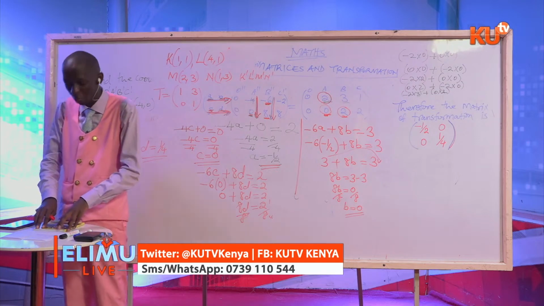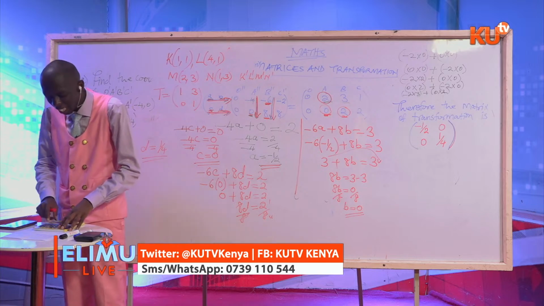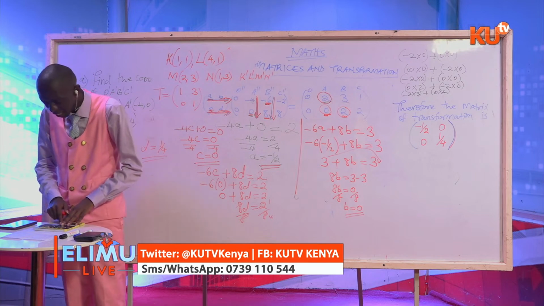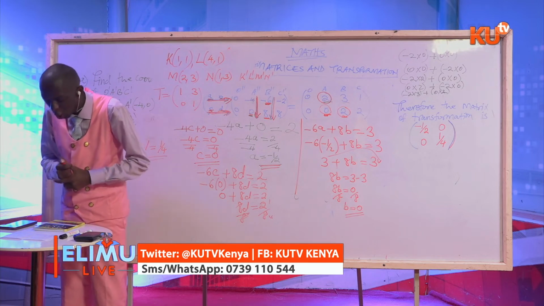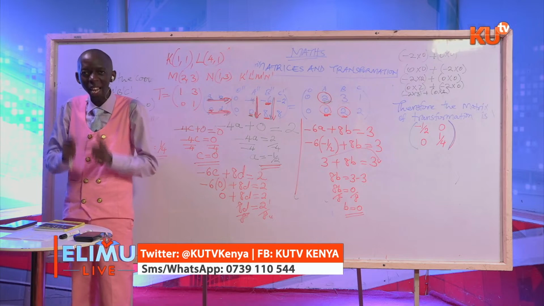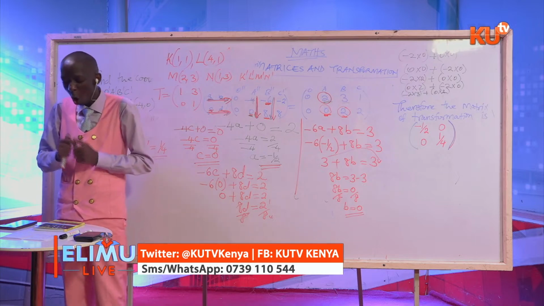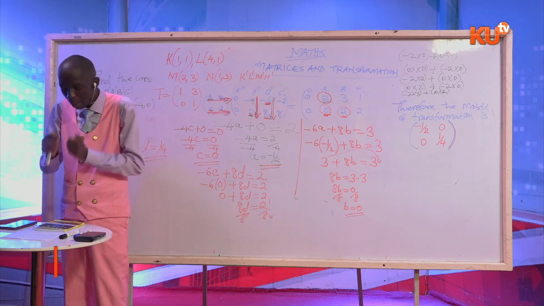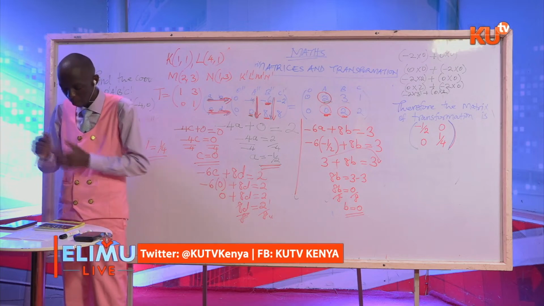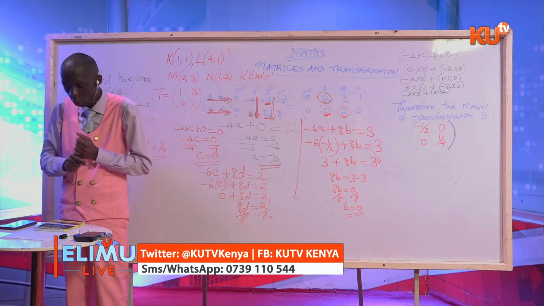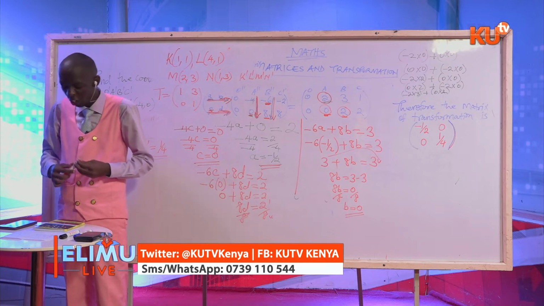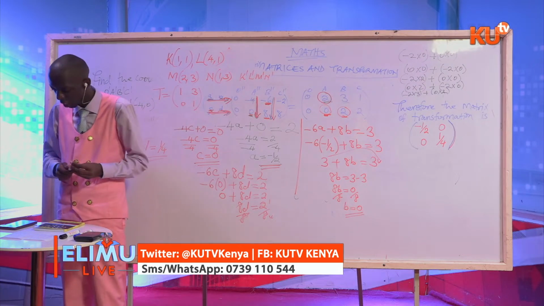Question C, Roman 1. Describe fully the transformation which maps K, L, M, N onto K prime, L prime, M prime, N prime. Roman 2, determine the area of the image.